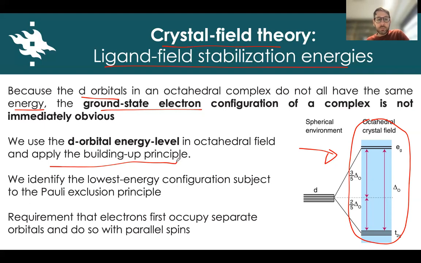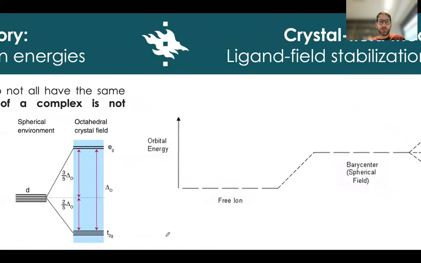So we can identify the lowest energy configuration according to the building up or Aufbau principle and the Pauli exclusion principle, in which we have the requirement that first electrons occupy separate orbitals with parallel spins before pairing.